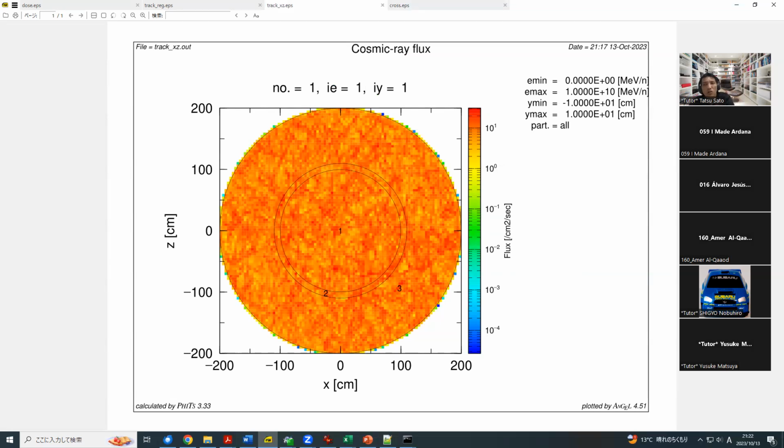If you pick up only high energy neutrons, they still have directivity. In the Palma model, the angular distribution is evaluated as a function of energy. So if you generate only high energy neutrons in Fitts, the neutrons also have downward directivity. Okay.